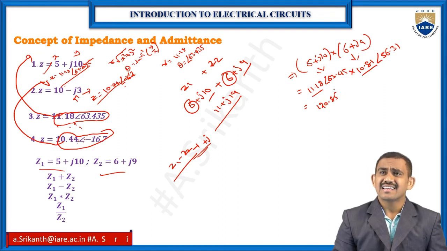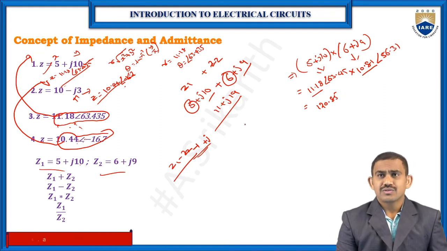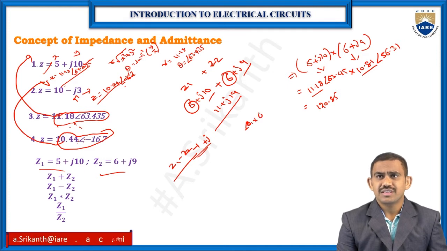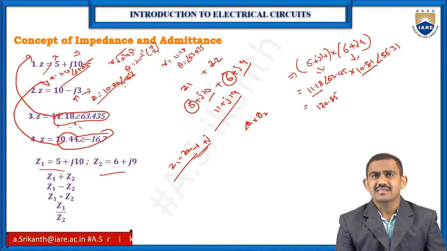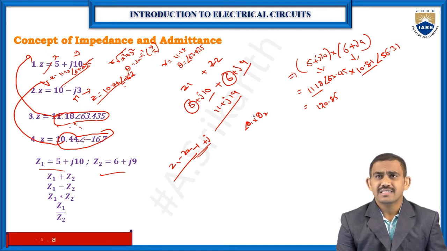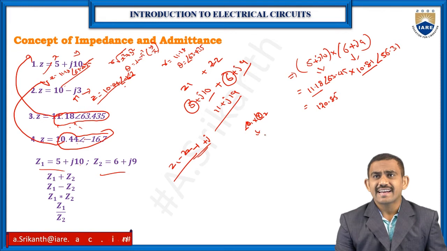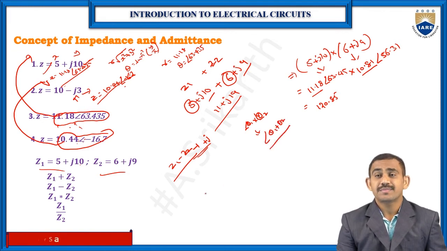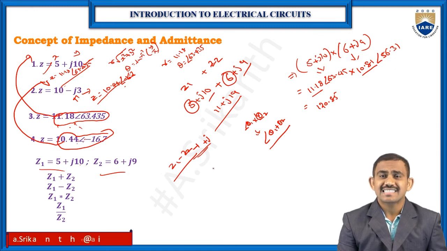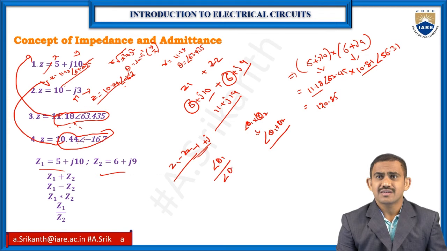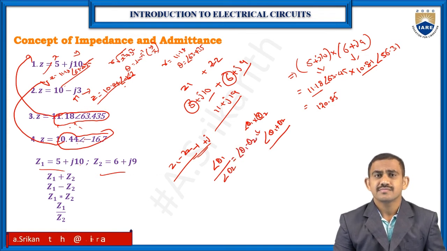Then what about the angle? Just remember, if two angles are in multiplication position, theta 1 into theta 2, then we need to add. So angle of theta 1 plus theta 2 is your answer. If both angles are in division position, angle theta 1 by angle theta 2, then your angle is theta 1 minus theta 2.